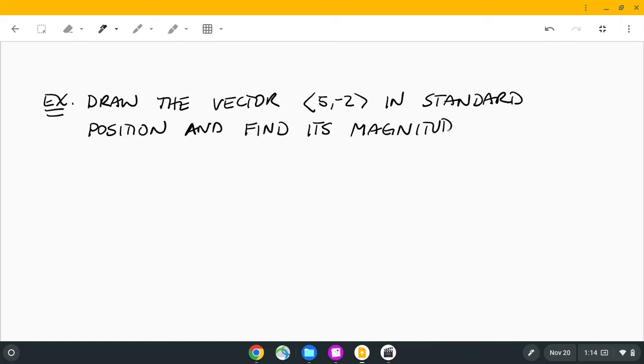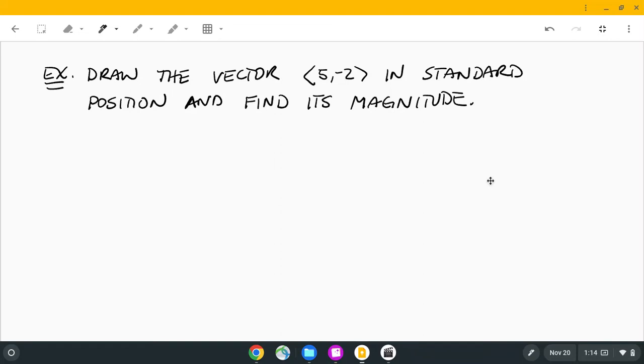Okay, so in order to draw this, remember this vector starts at 0, 0 and goes all the way out to 5, -2. So let's go ahead and draw that.